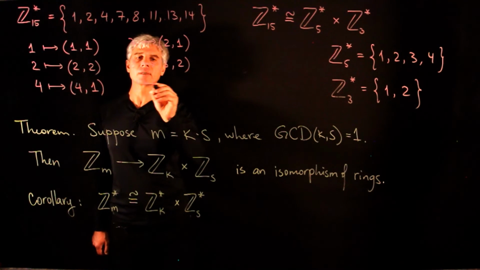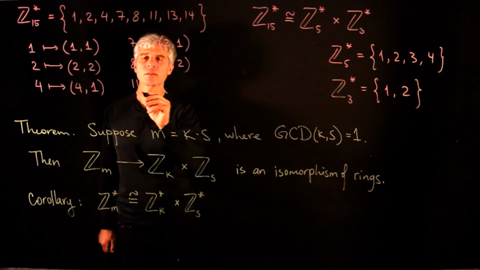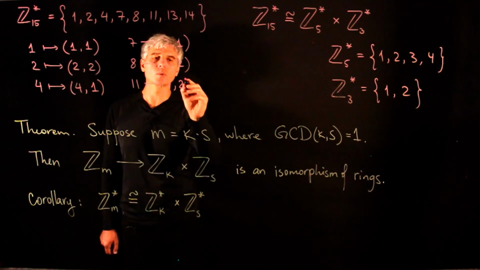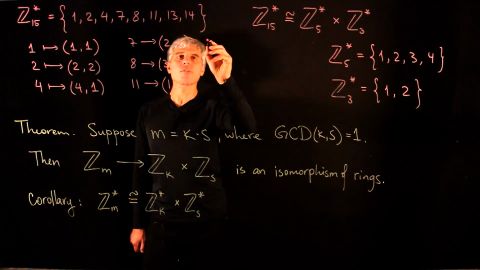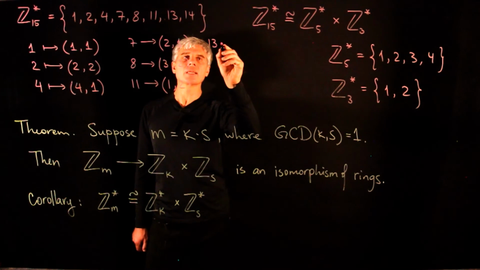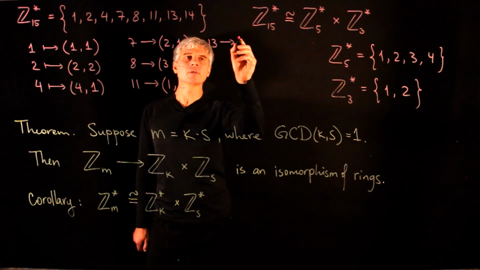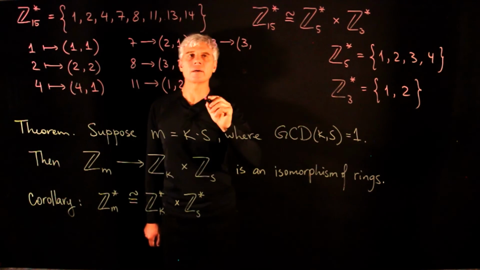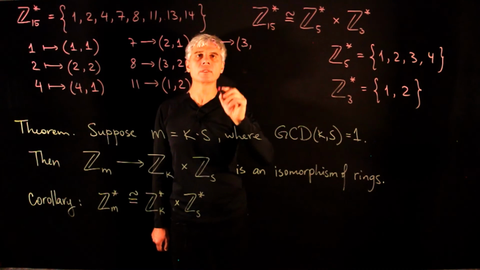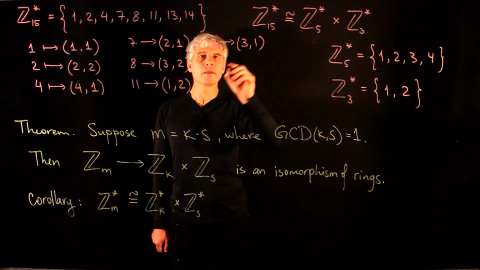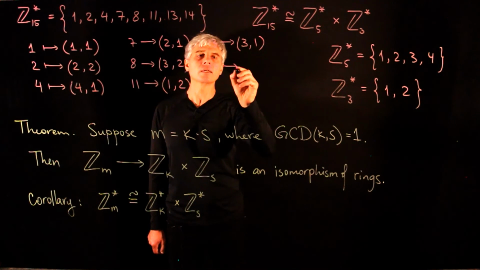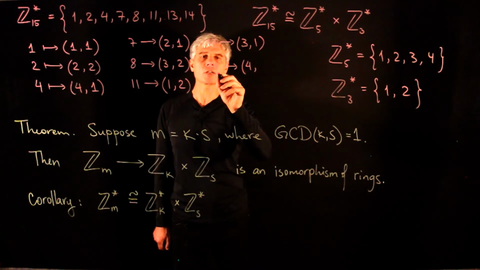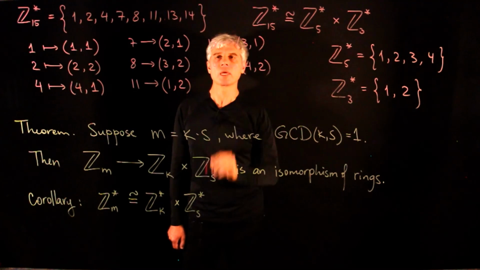Then 11: reduction mod 5 is 1, reduction mod 3 is 2. Then 13: reduction mod 5 is 3, and reduction mod 3 is 1. And finally 14 has reduction mod 5 equal to 4, and reduction mod 3 equal to 2.